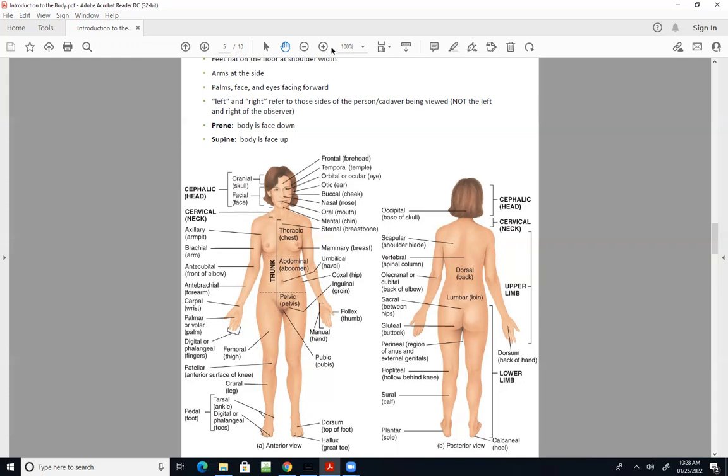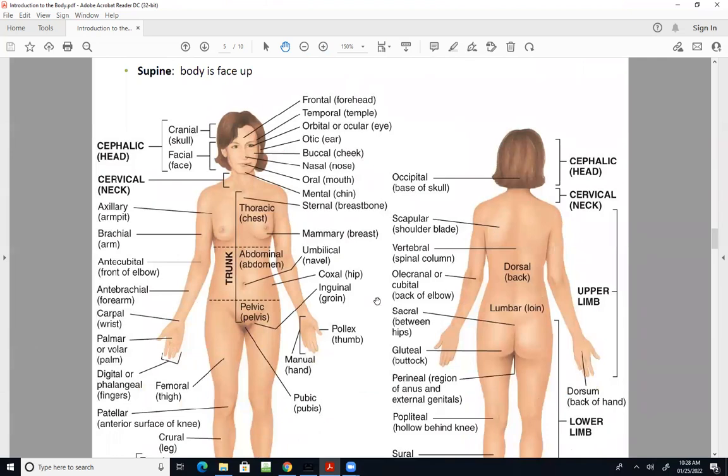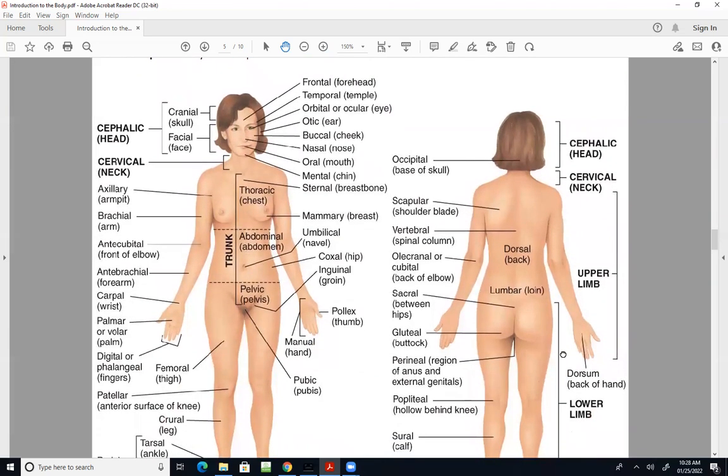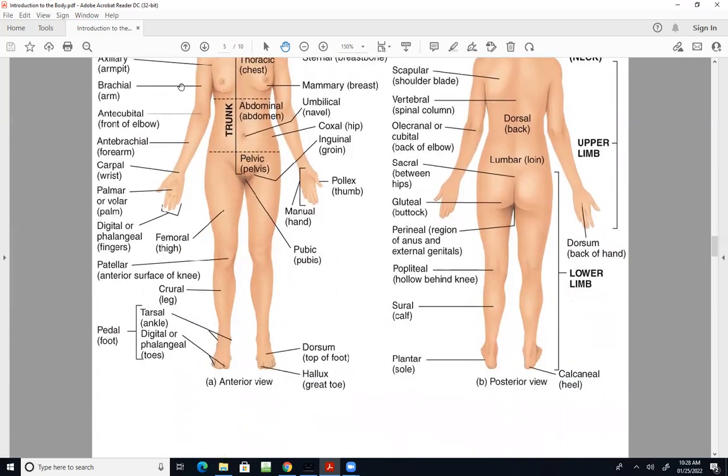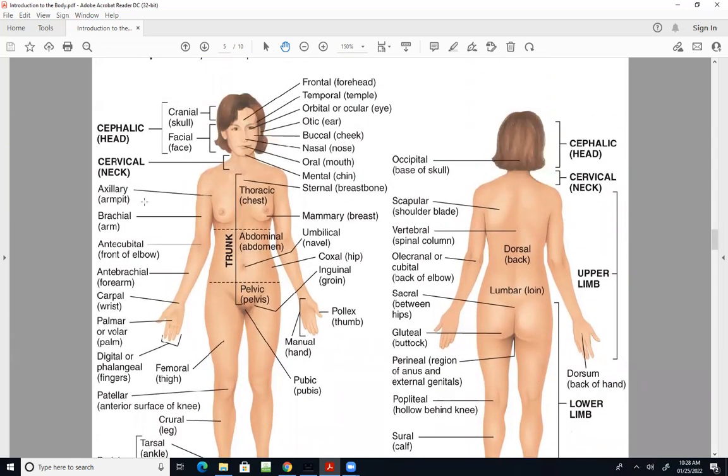Now, pictured here, we can see a lot of different things labeled from the head all the way down to the toes. We see two terms, at least, for each of those different structures. The common term, like armpit, is in parentheses. And then not in parentheses is what we call the anatomical term.